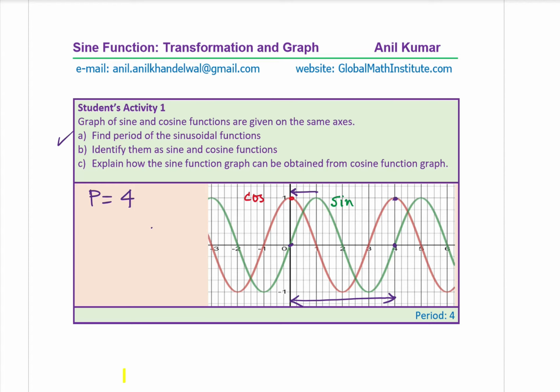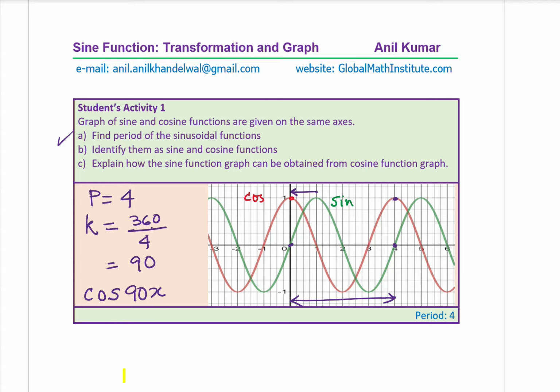Let me give you that k is, in this particular case, if you want to write the equation in degrees, 360 degrees divided by the period, which is 4. So that gives us the value of k as 90 degrees. You get the idea, right? So k is 90. And therefore, the cos function can be written as cos of, since k is 90, 90x.